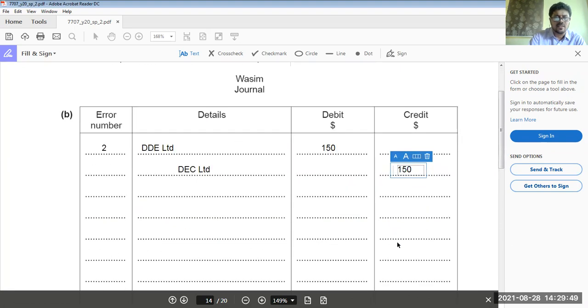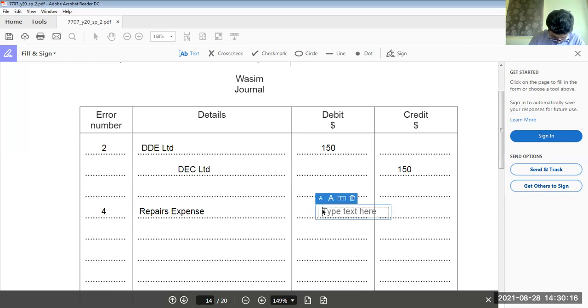And how to rectify error number 4? So what we have to do? We have to debit repairs expense, and we have to credit motor vehicle expense. How much is the repair expense?